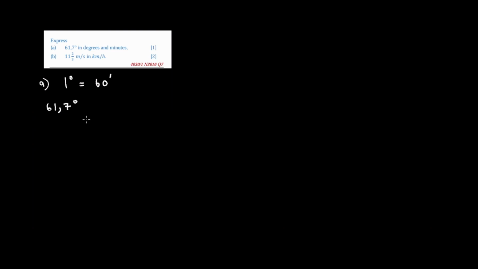So what we do in this particular method, we take 61.7 degrees and we are going to break it up. 61.7 degrees is equal to 61 degrees plus 0.7 degrees. Very important to note, kuti the 61 part is in degrees, the 0.7 part also in degrees.